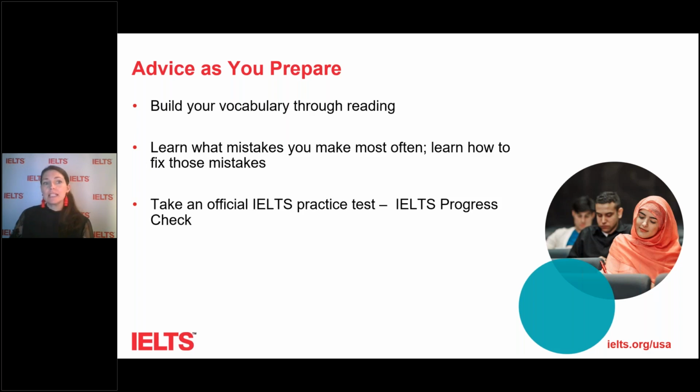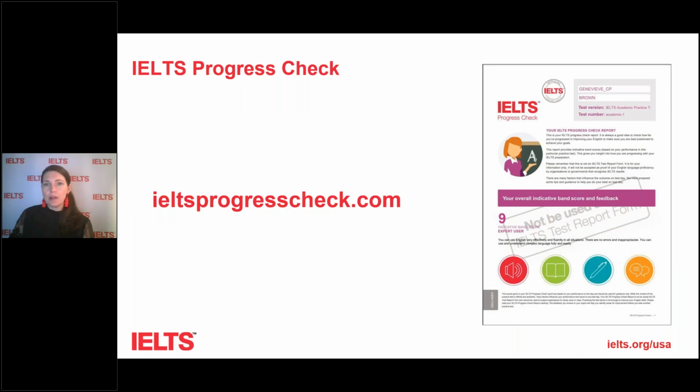And then consider taking the official IELTS practice test, which is called IELTS Progress Check. This is an official IELTS practice test. It covers all 4 skills and includes a recorded speaking section. But what's great about it is that you'll get feedback on your writing from an IELTS trained marker. And so this will really help you to identify what you need to improve on.